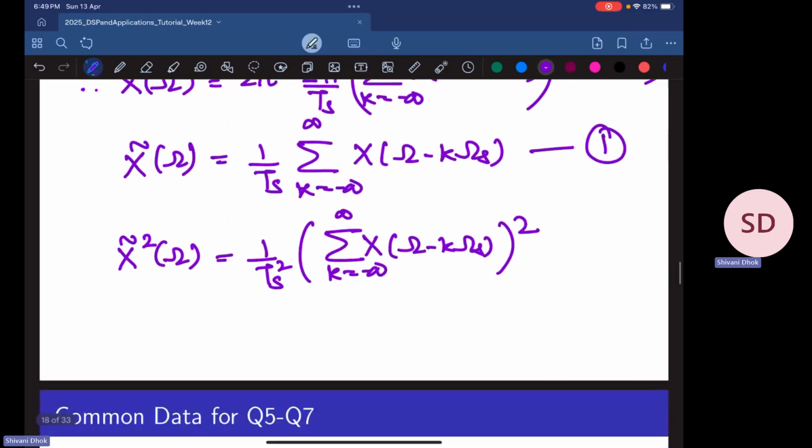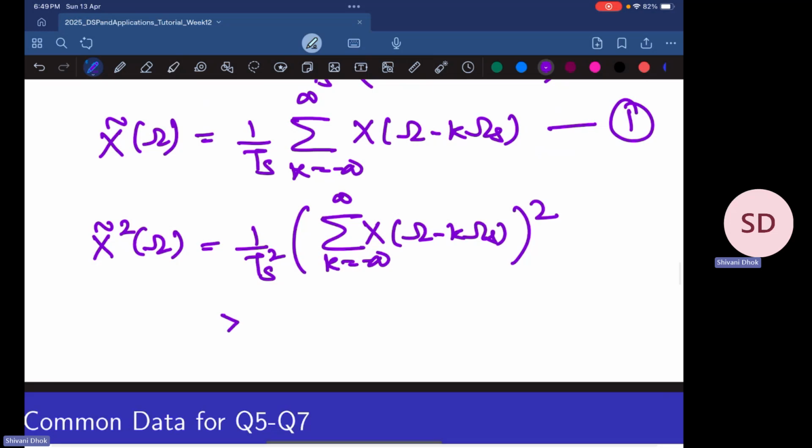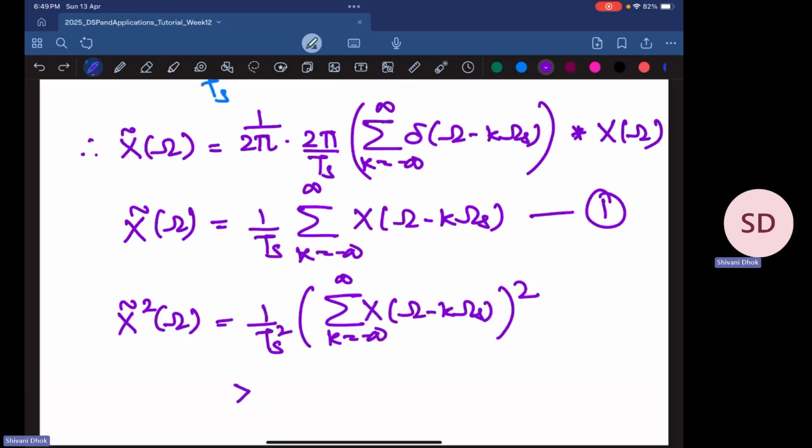Now since these X of omega values are positive, this should be greater than or equal to 1 over Ts squared summation k running from minus infinity to infinity X squared of omega minus k times omega s.